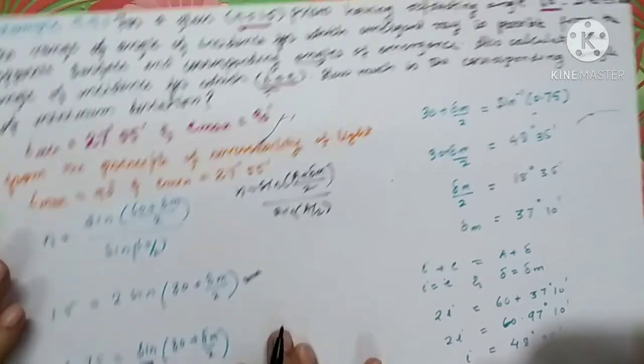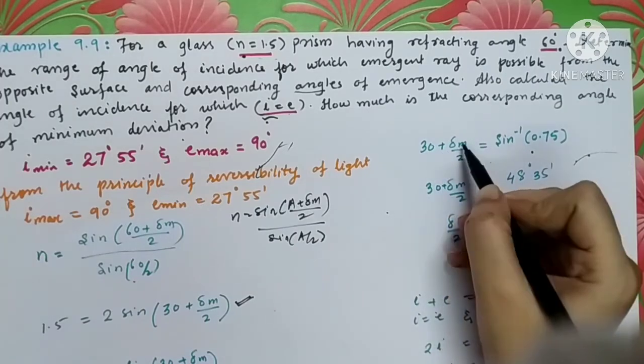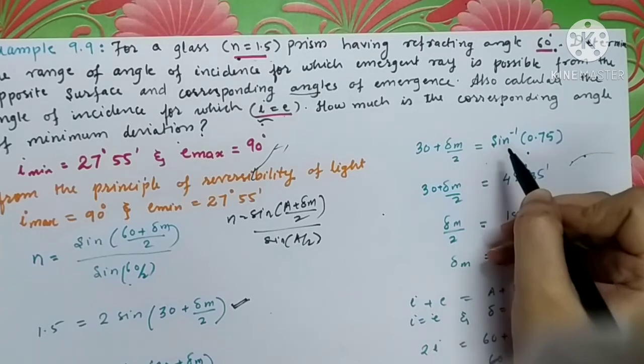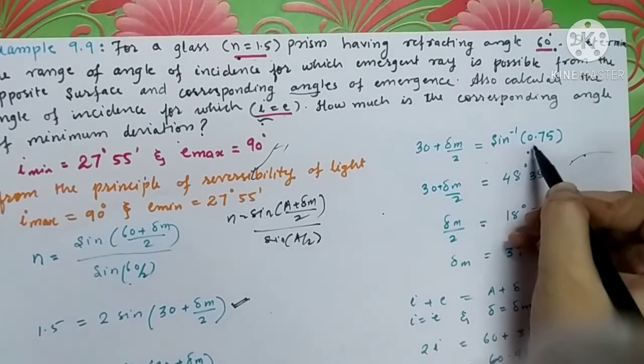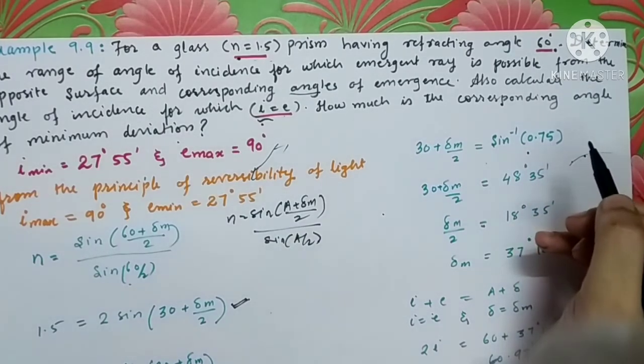So our next equation will be, this angle will remain as it is, 30 plus delta m upon 2 is equal to sine inverse of 0.75.